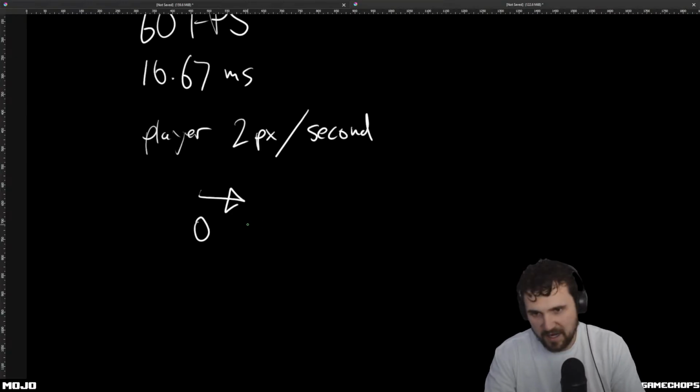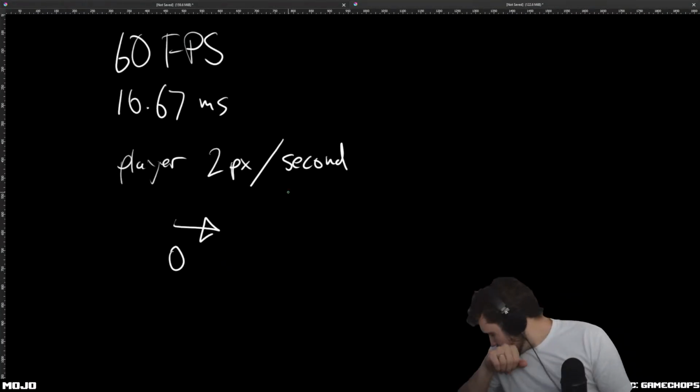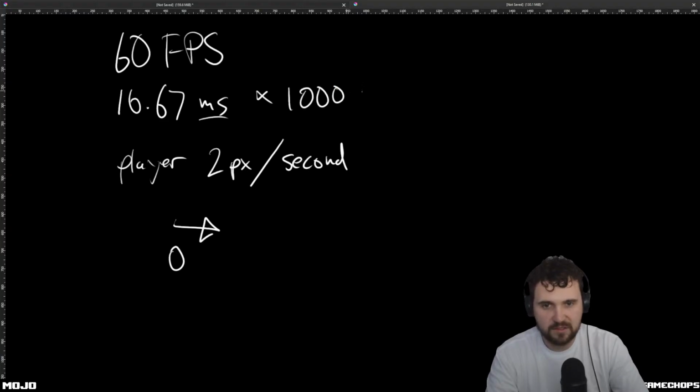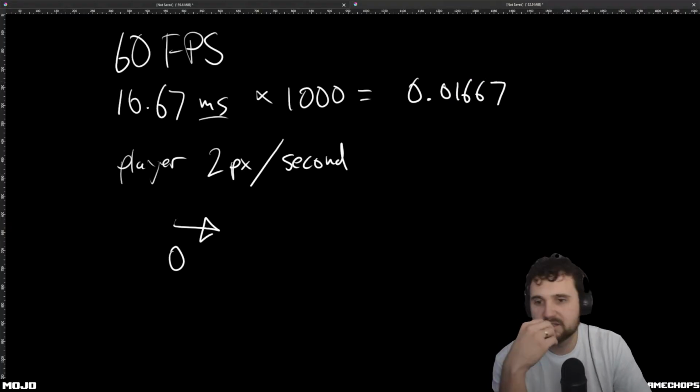In one frame, how far do I move? So this in milliseconds times 1,000 is seconds, right? So it'd be 0.01667. Is that correct?